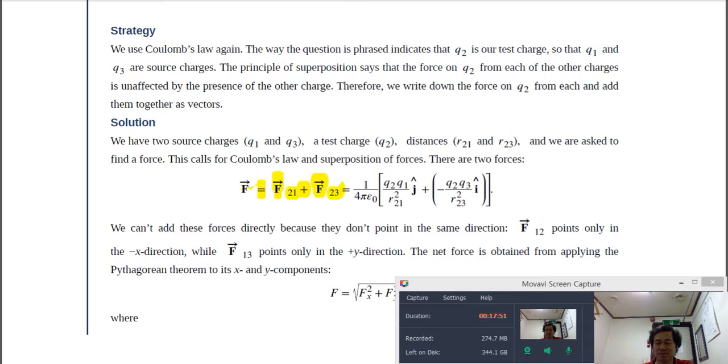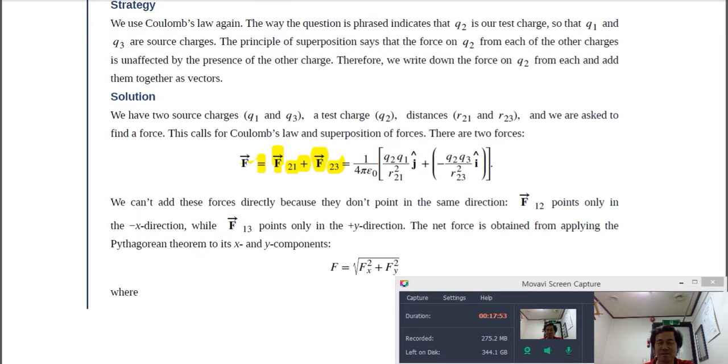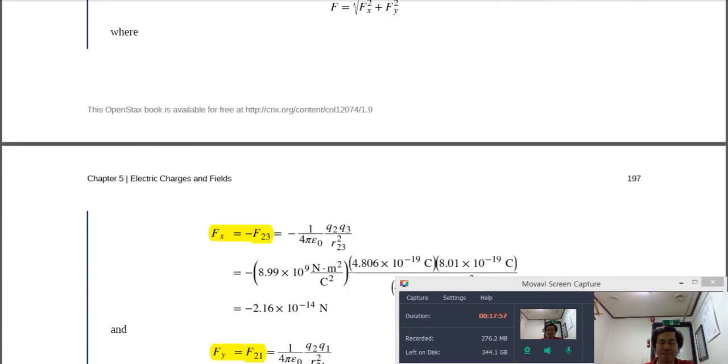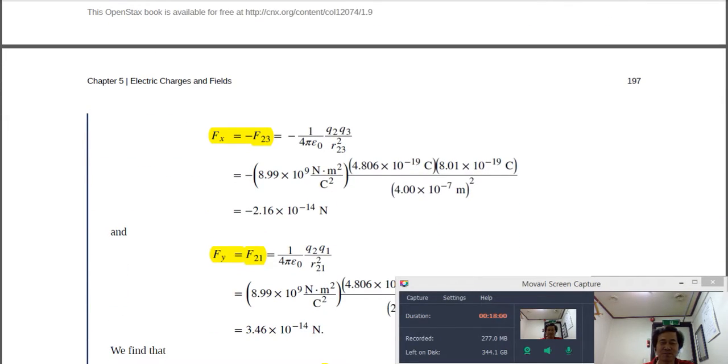So you note that we have one x component and one y component. The x component is due to Q3.